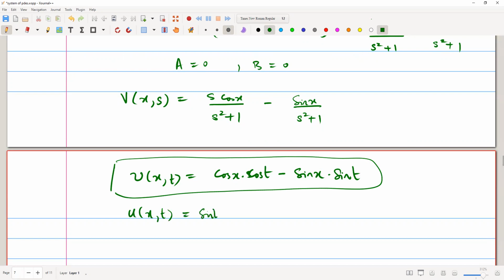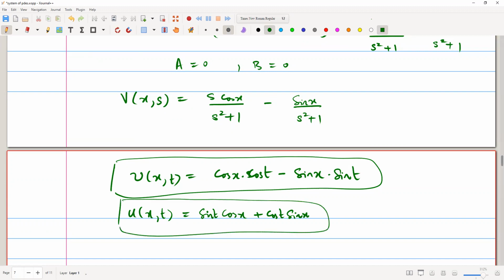So the solution is sine t cos x plus cos t sine x for u of x comma t, and for v of x comma t it's cosine x cosine t minus sine x sine t. Right, so in this manner we can do it simply.